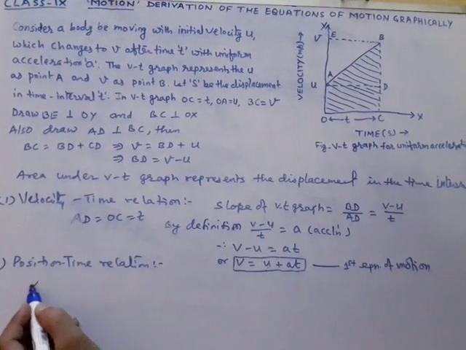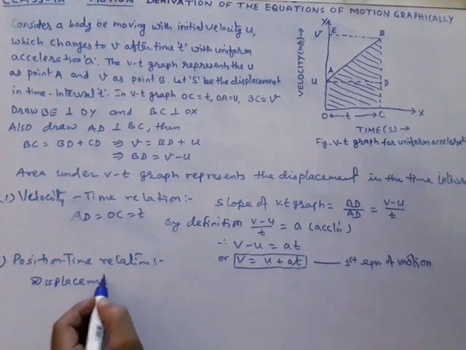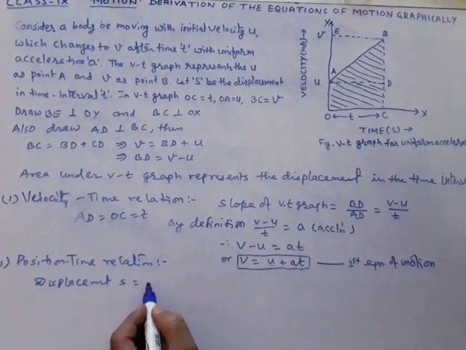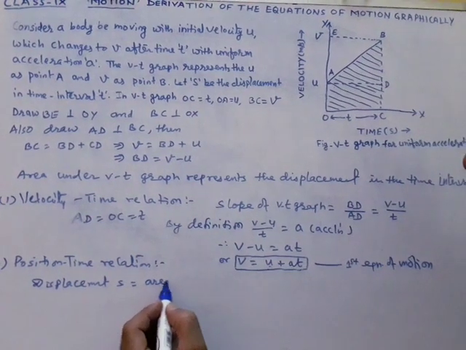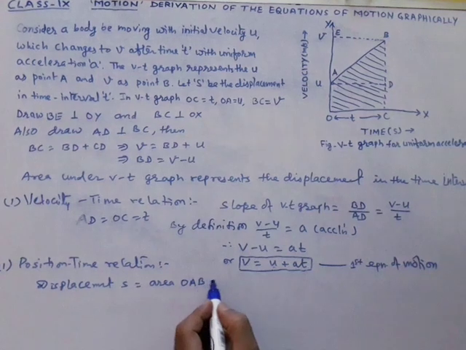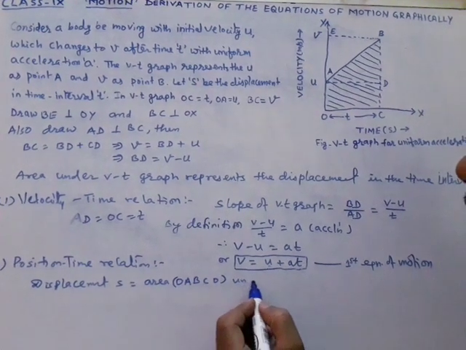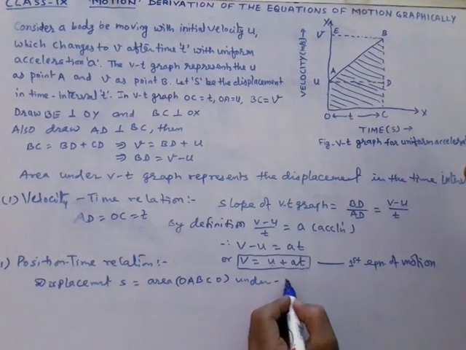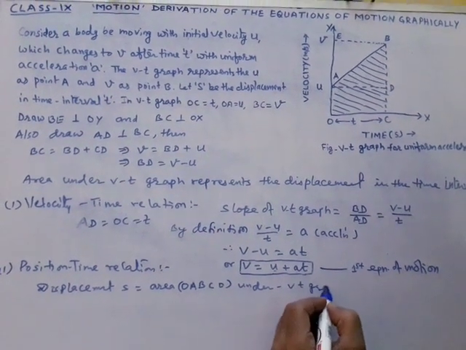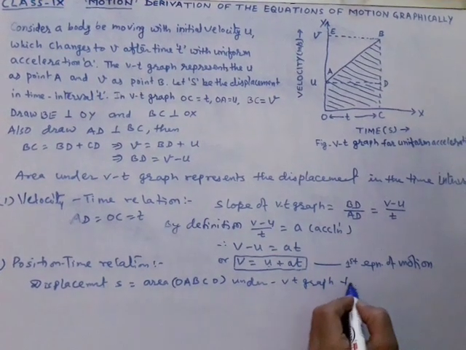So displacement S is equal to the area OABCO under the Vt graph for the given time t.